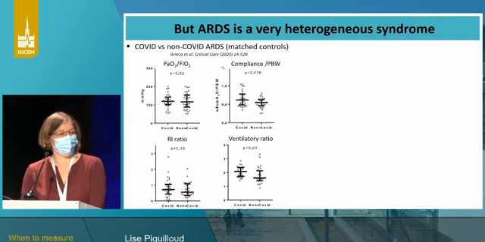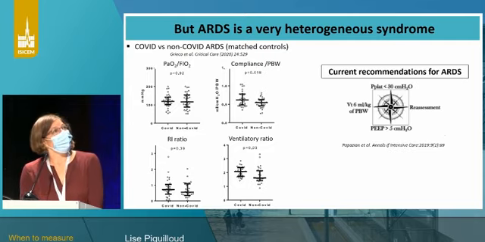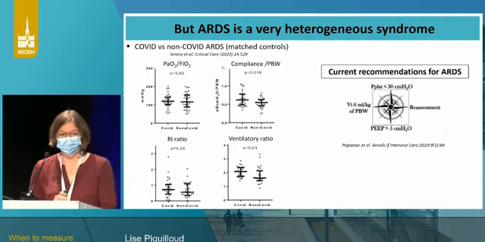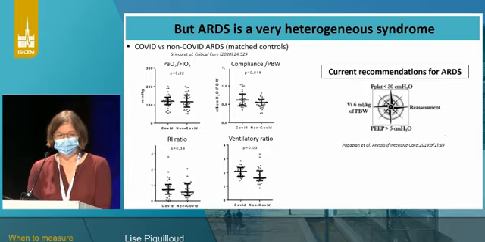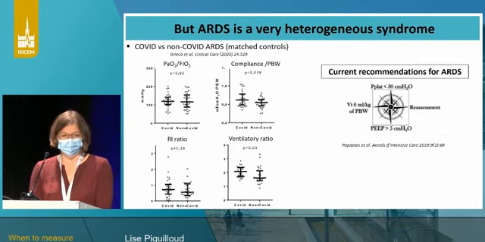Dead space also varies from one patient to another. The current recommendations for treating ARDS patients don't take into account this heterogeneity. They just say that there is one way to do it: 6 milliliters per kilo, or between 4 and 8, depending on the recommendation you read. Use enough PEEP, and try to have plateau pressure lower than 30.